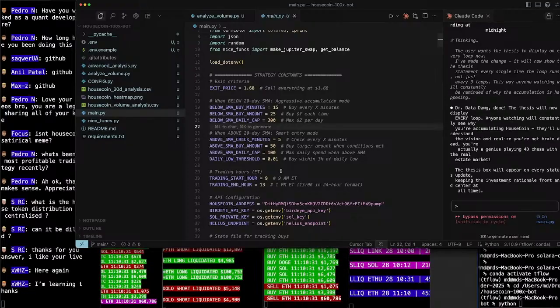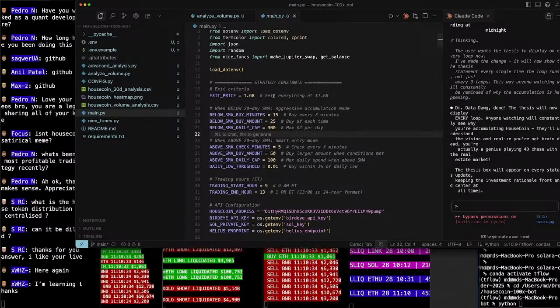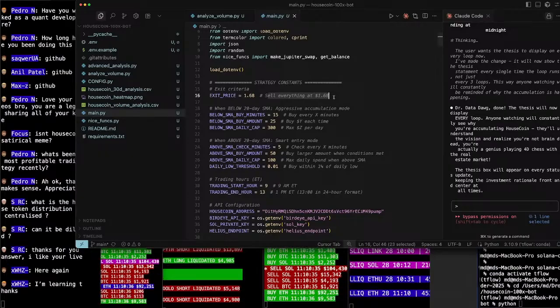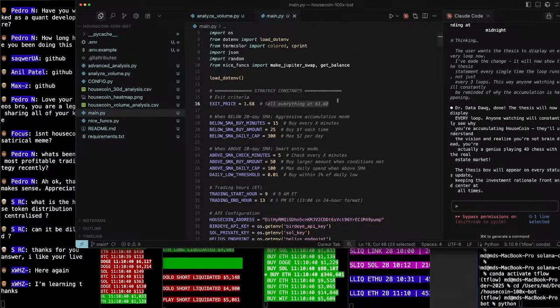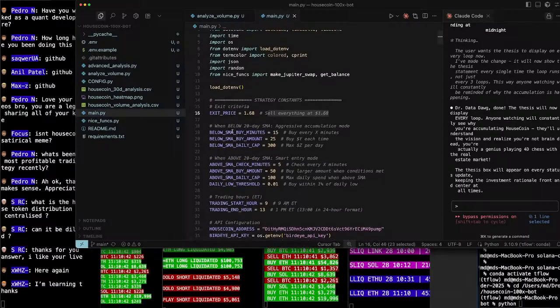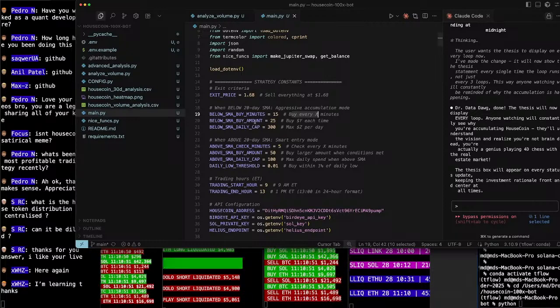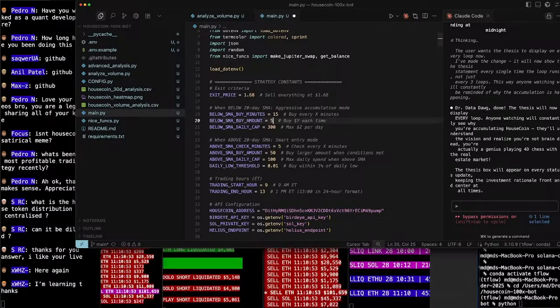I'm learning things. My pleasure, dude. Exit price is $1.68. Sell everything at $1.68. I like that. Below SMA buy minutes 15. Buy every 15 minutes. Below SMA buy amount 25. I'm just going to make sure this works.